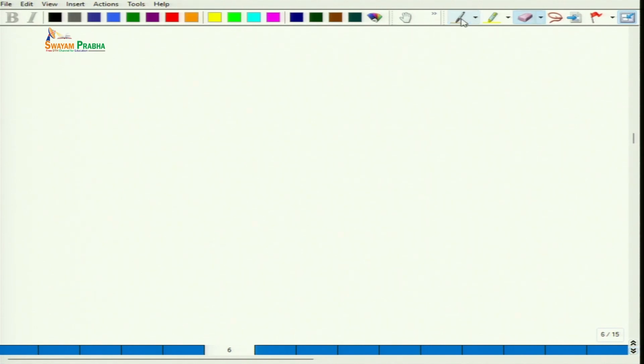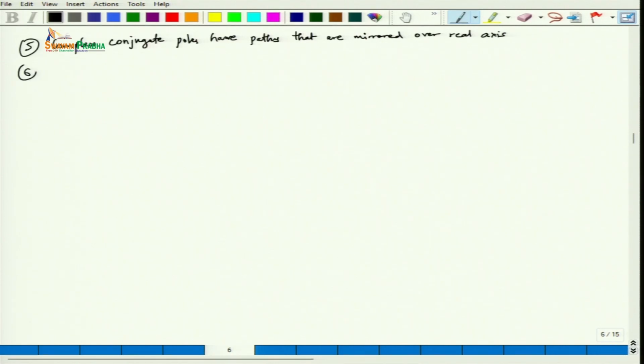Next we come on to the fifth rule, that is complex conjugate poles have paths that are mirrored over the real axis, and finally on the real axis loci always enter and exit at 90 degrees.